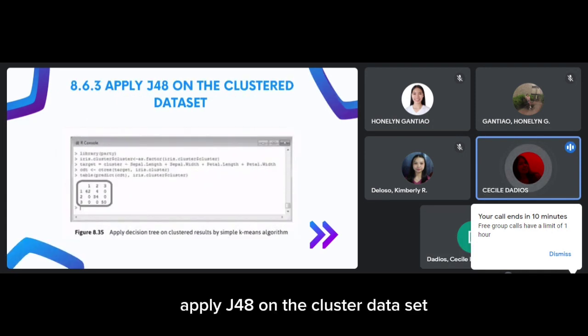Apply J48 on the cluster dataset. So the following commands are to apply the decision tree and the classes predicted by its application in figure 8.35. So we will type library party, then the iris clusters converts integer data type to factor data type. So target cluster, sepal length, sepal width, petal length, petal width.